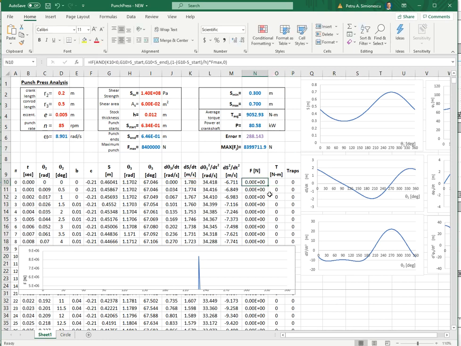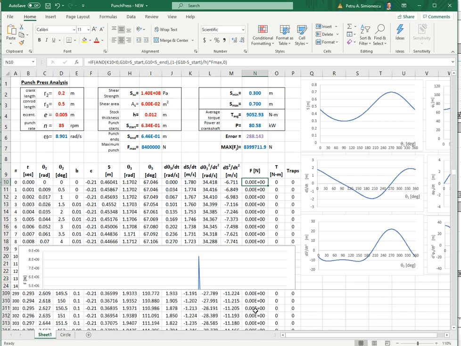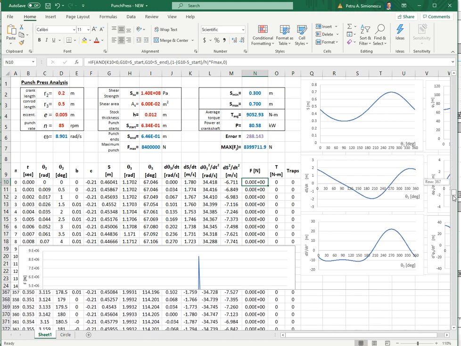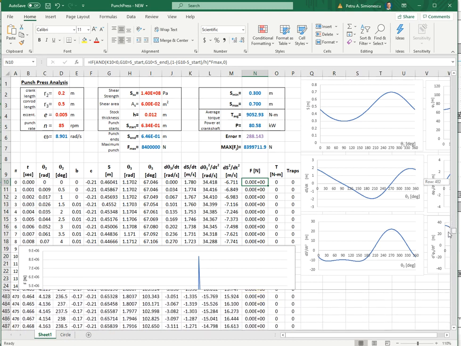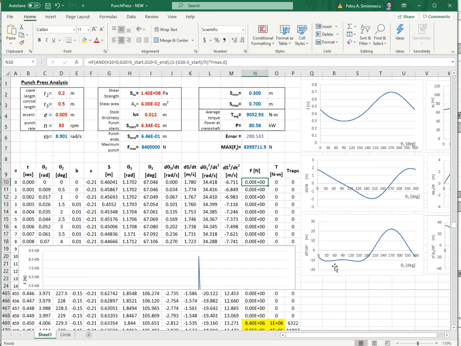So how's force? Force is going to be constant, less between the punch displacements, where punching actually occurs. Okay, so I have punch start and I have punch ends.